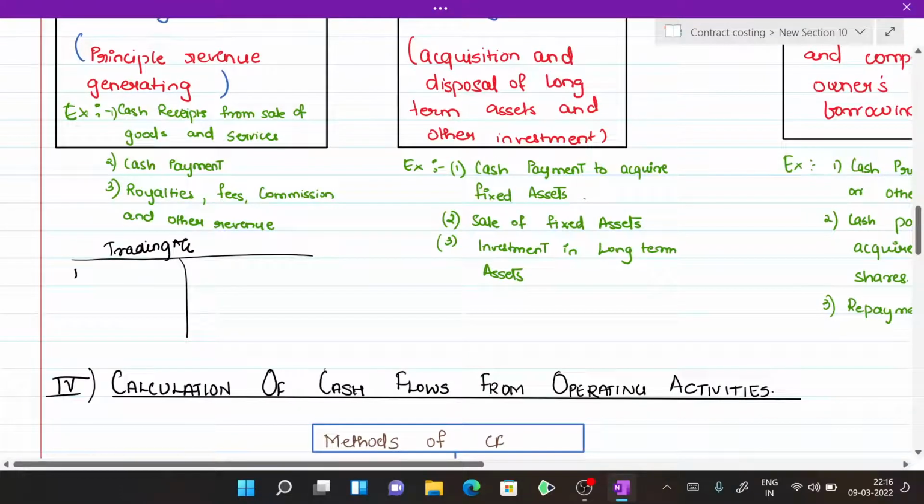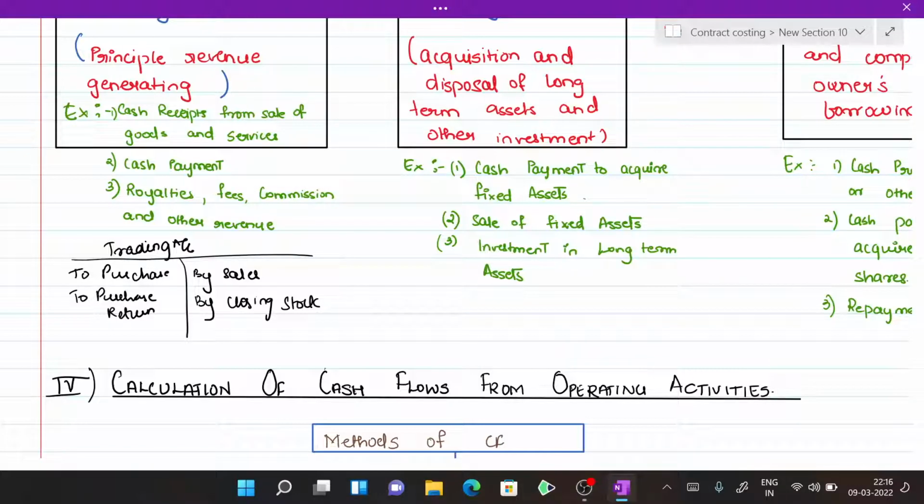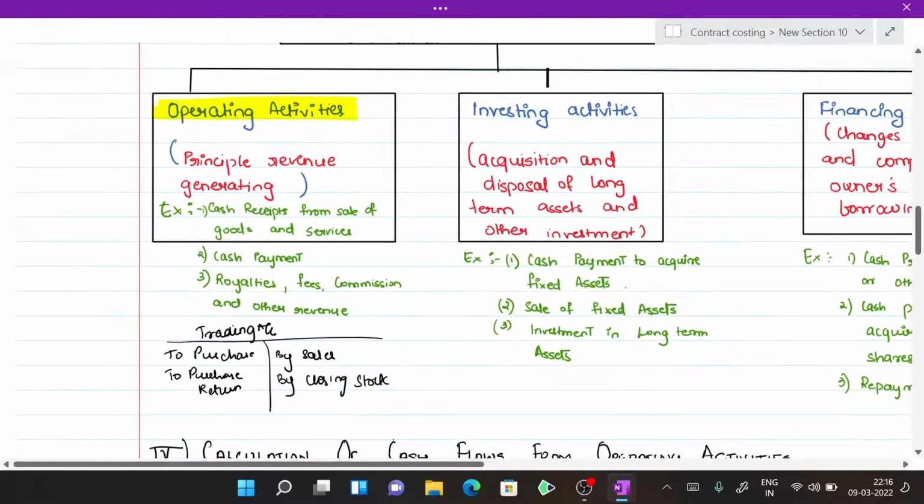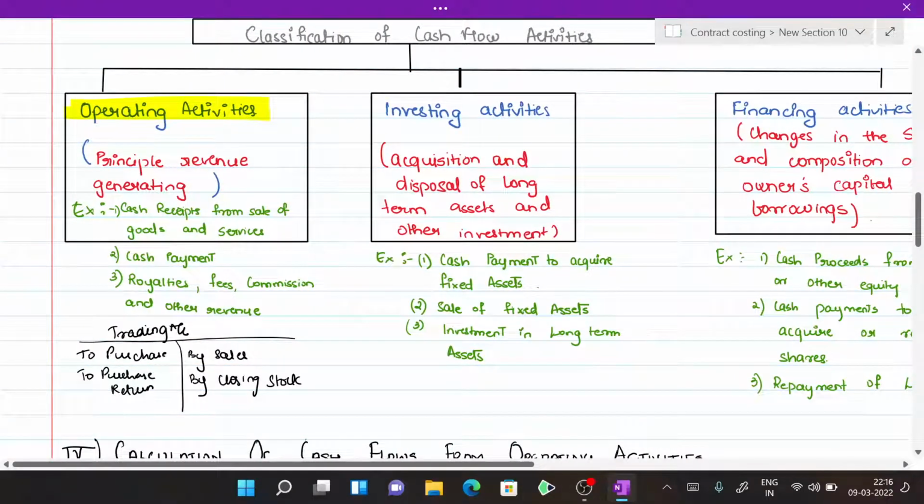Trading account याद आ गया, यानी here there are purchases, then here it is sales, then comes closing stock, then here there are purchase return, sales return, all things जो नॉर्मल थिंग है, रॉयल्टी फीस पेमेंट वगैरह. ट्रेडिंग अकाउंट को याद करना, wherein the principal generating is through the sales of your business and the other revenue which your business would be into, right? तो ऑपरेटिंग यानी सिंपल द प्रिंसिपल रेवेन्यू जनरेटिंग, डे टू डे एक्टिविटीज जो है वो ऑपरेटिंग में आ जाता है.